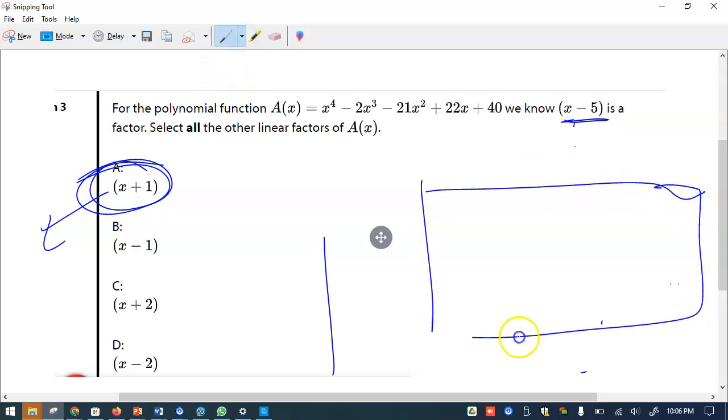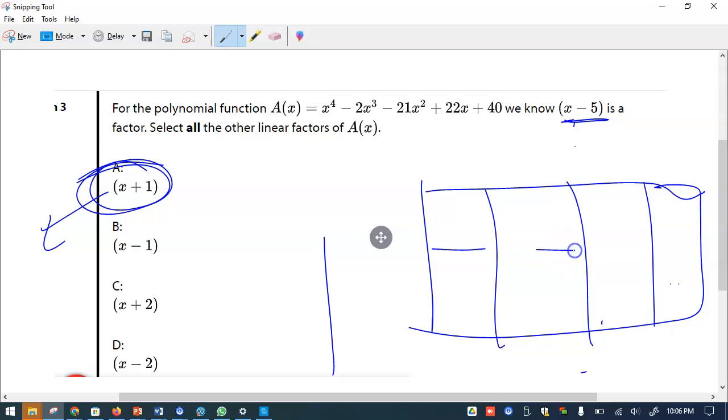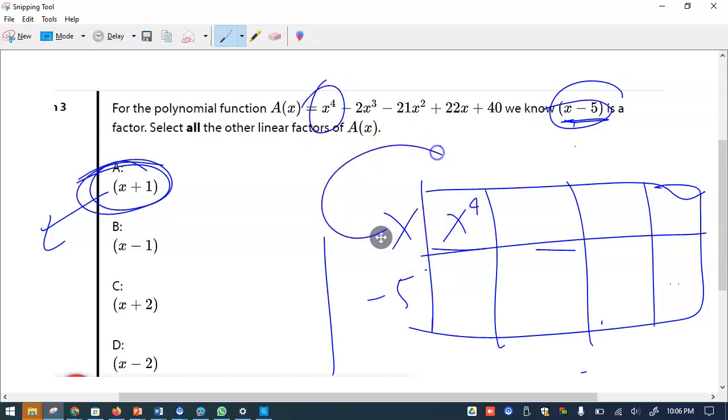Or there's another way, we can make a box this way. This time we'll have 4 of them, like you see. And this is x minus 5 right here, and there is x raised to 4. Now ask the question, what multiplies x to get x cubed? Multiplying by negative 5, we get minus 5x cubed, and then use the diagonals.